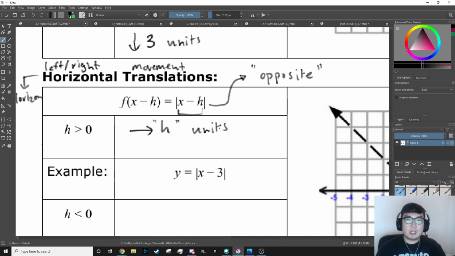And the reason why it looks opposite is because the base equation right here will always be the same. So the reason why it looks like y equals absolute value of x minus 3, 3 is h.